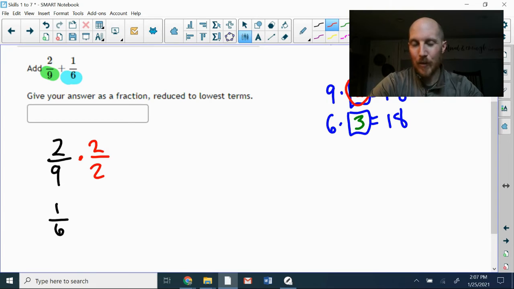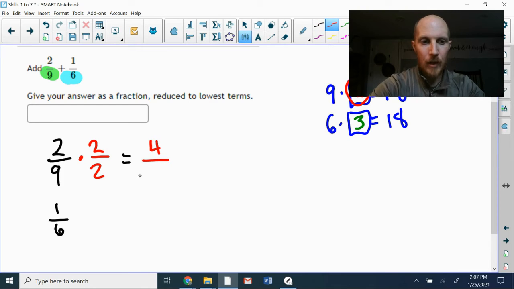So I'm multiplying by 1. And anytime you multiply a number times 1, you get the exact same number as your answer. Because of the way I've written this, it's not going to look like the same number I started with, but it's going to equal the same thing. It's going to be equivalent. So now I multiply straight across the tops. 2 times 2 is 4.